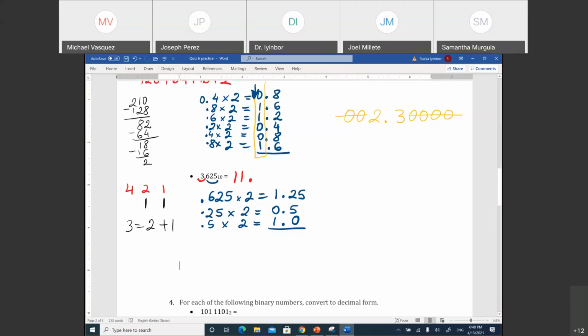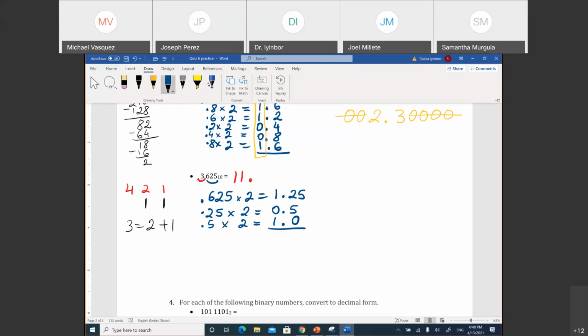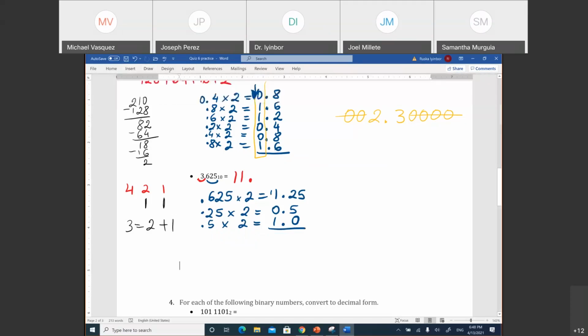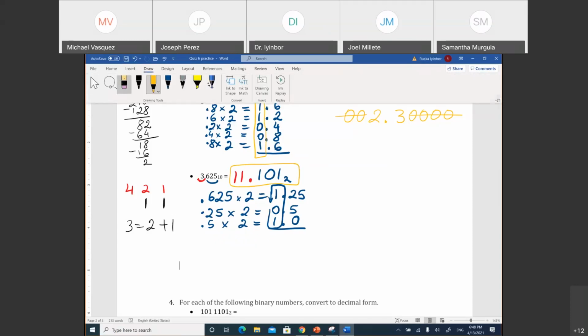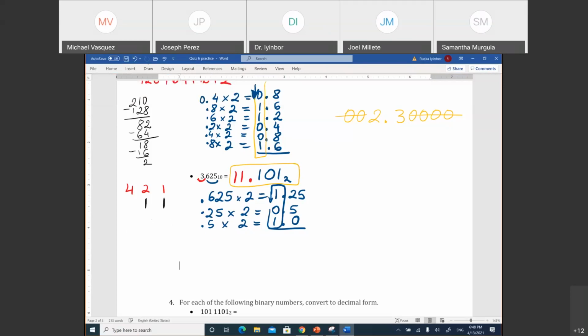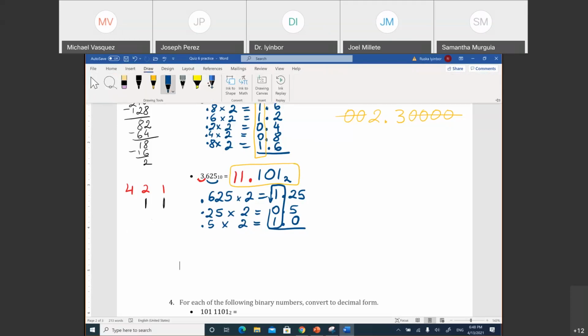And then, remember the decimal part, you have to go from the top to the bottom, and you get only the whole part. So after the decimal, I'm going to put 1, 0, 1, and that's my decimal number. Any questions on this? Any questions? Okay, so that's how you do decimal to binary.